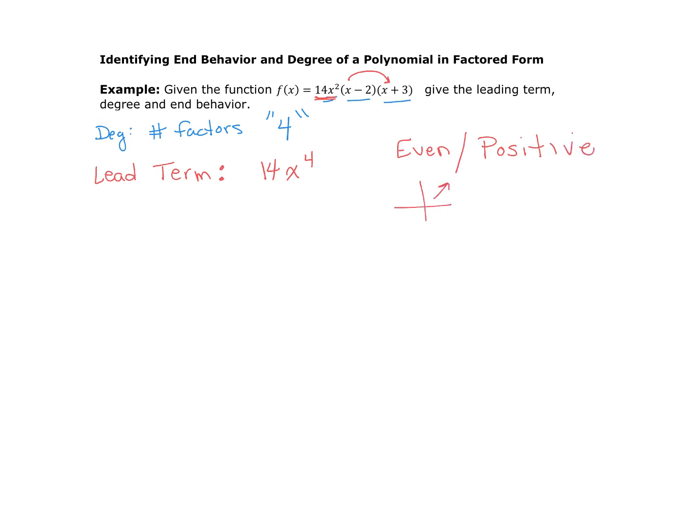So it's going to go up, up, and we will describe it like so. As x approaches infinity, in other words, going this direction, the function values are also going to infinity. As x approaches negative infinity, going in this direction, the y values are also approaching infinity. That concludes this video on power functions and polynomial functions.